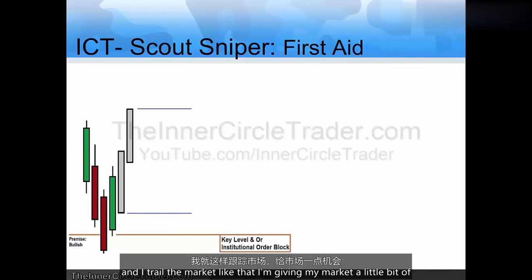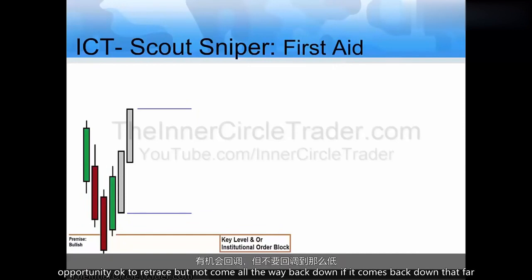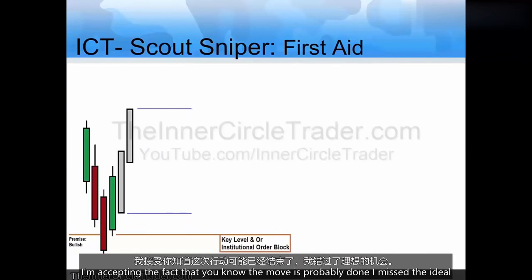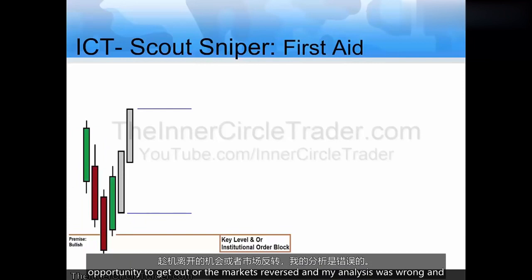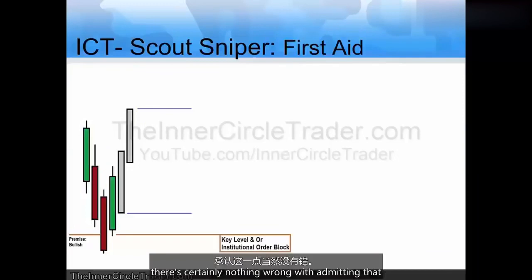I'm giving my market a little bit of opportunity to retrace, but not come all the way back down. If it comes back down that far, I'm accepting the fact that the move is probably done. I missed the ideal opportunity to get out, or the market's reversed and my analysis was wrong. And there's certainly nothing wrong with admitting that.